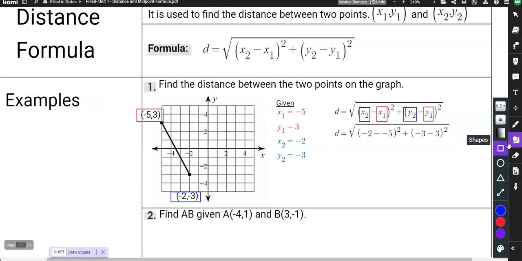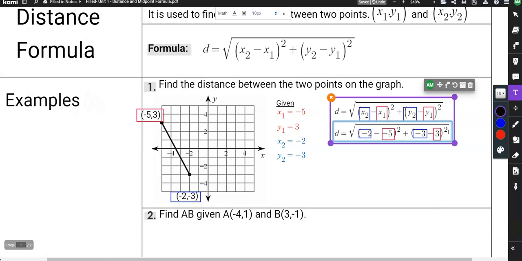And then I'm going to use my shape tool and color code this. Again, you do not have to do the color coding, but I do recommend it. It is a good way to organize your notes and keep track of where things are coming from. Boxing in. Now the next thing I need to do is go ahead and put it into the calculator.